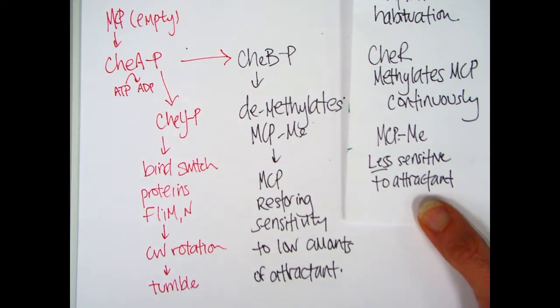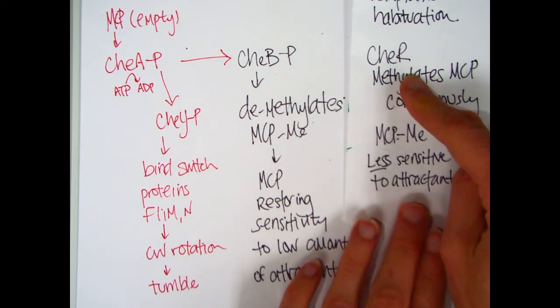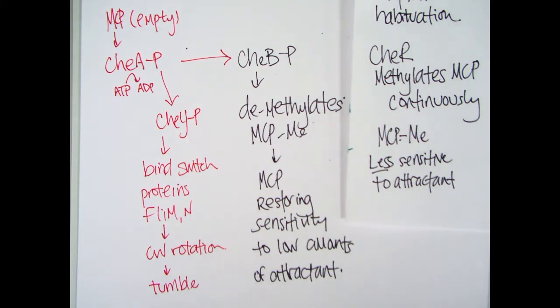So it's these proteins, CheA phosphorylated or not, CheB phosphorylated and CheR, that determine both the sensitivity of the MCP and how likely the flagellum is to run or tumble.